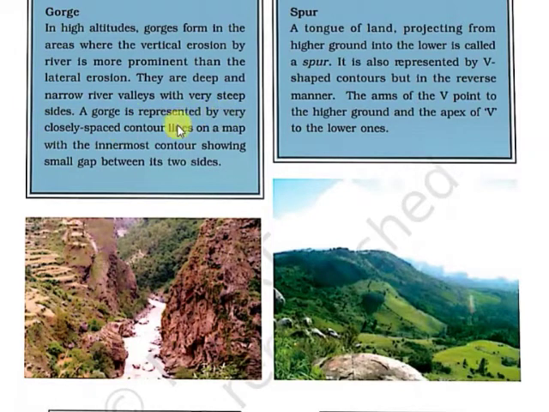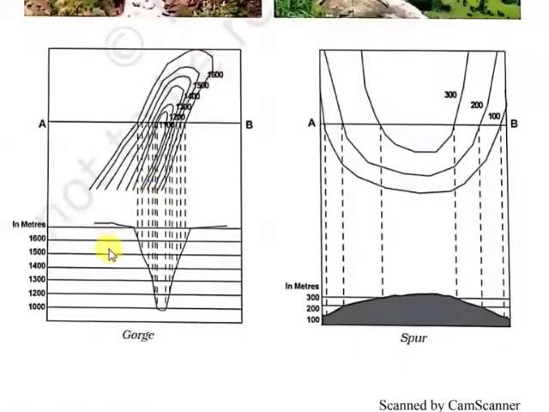A gorge is represented by very closely spaced contour lines on a map, with the innermost contour showing a small gap between its two sides. Here a gorge is there, and this is how the contour will be drawn. You can see it is increasing outwards, like here.